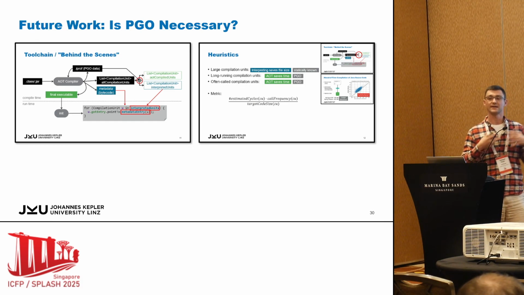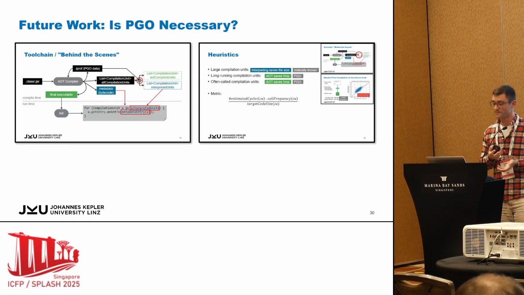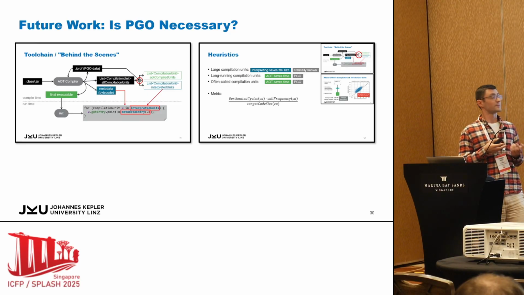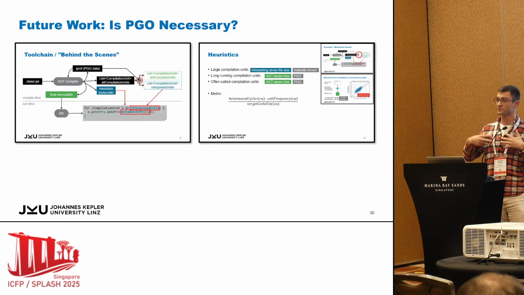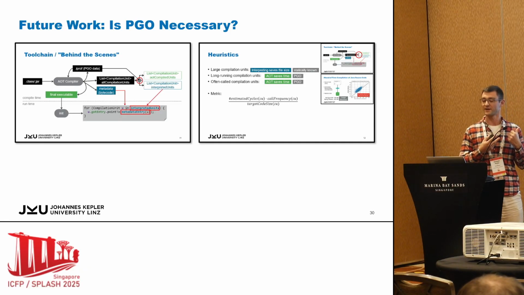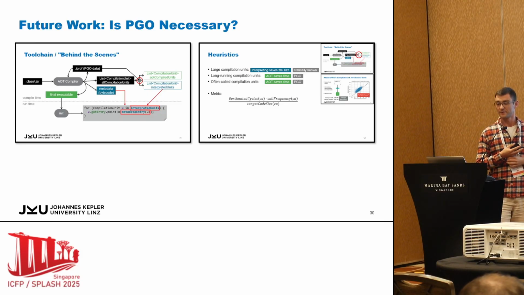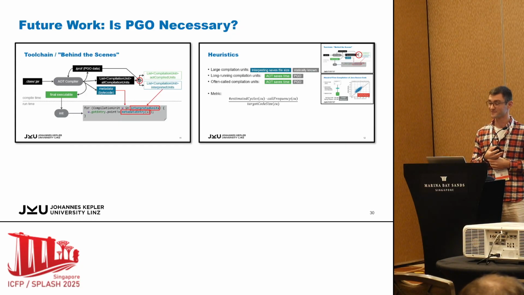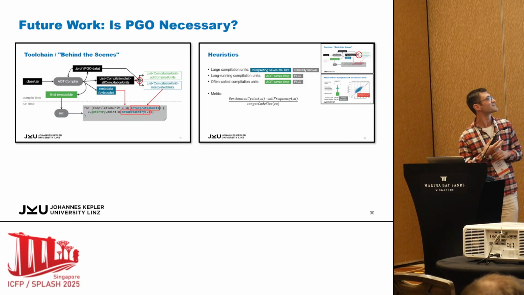But currently, as said, we rely on profiling data, and it would be nice to get rid of that profiling data. The question is, how important is it? How much worse do we get? And can we get to a reasonable approach without this profiling data? So this is my most important interest currently to improve soon.